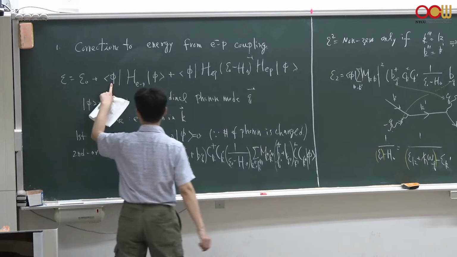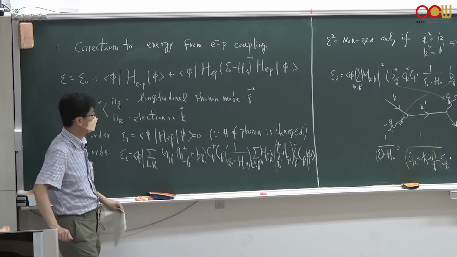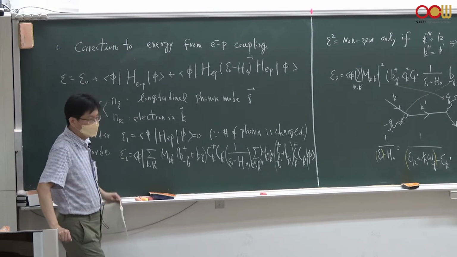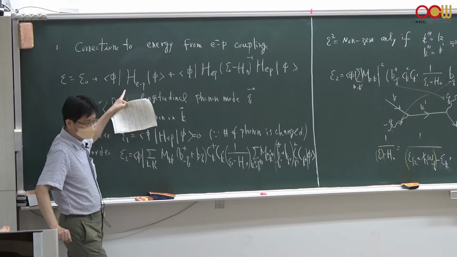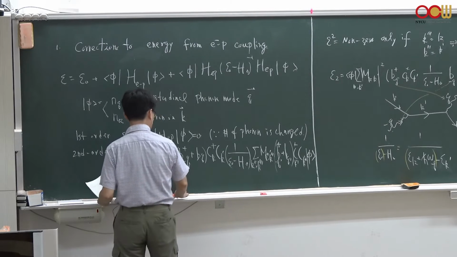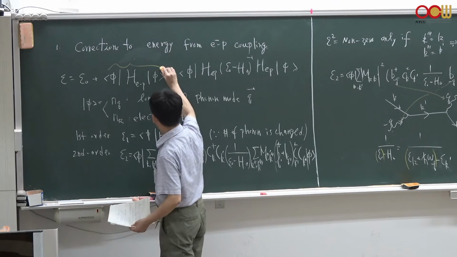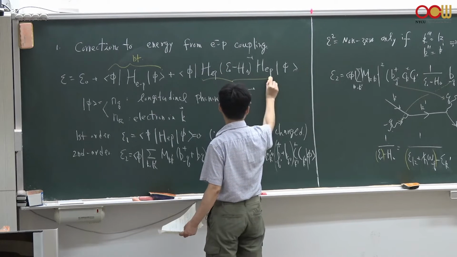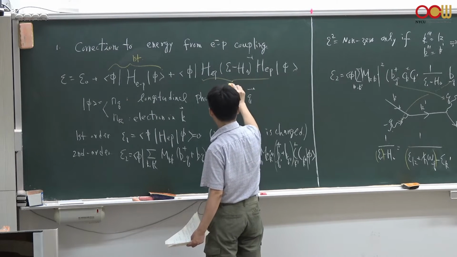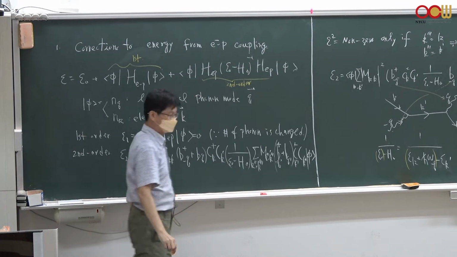That is this phi here, the unperturbed ground state, and H_EP acts as the perturbation. We can expand up to first order, which is linear in H_EP, and we could also continue expanding up to second order in H_EP.